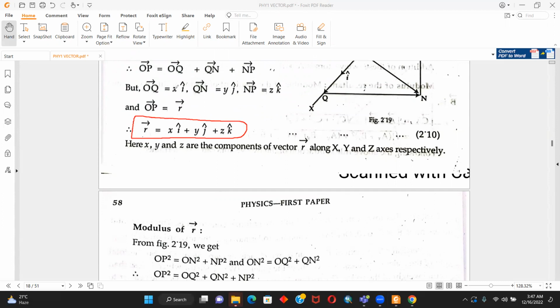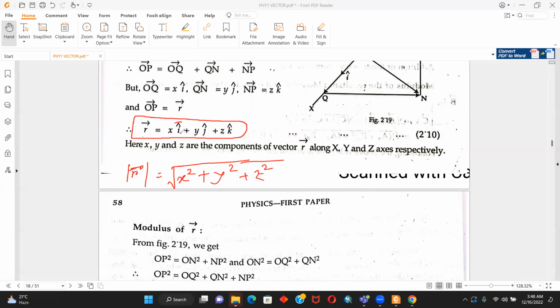So now here's an important thing. Whenever we are working with unit vectors, when you calculate the magnitude or the modulus of R vector, it will be the square root of x squared plus y squared plus z squared.